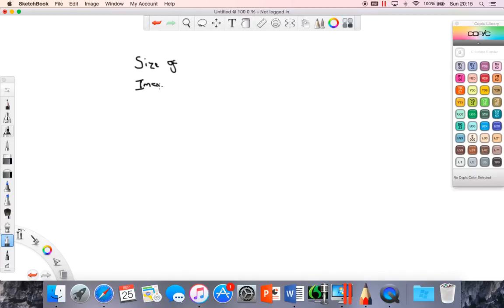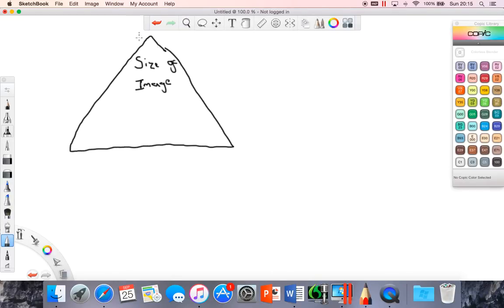This would be the image you see on the screen or on the piece of paper. Down the bottom left, we would have the magnification, and in the bottom right hand box, we would have the real object size.